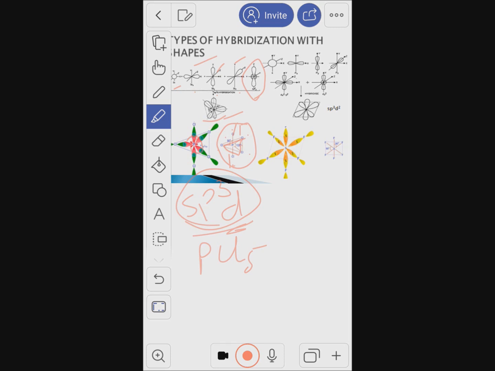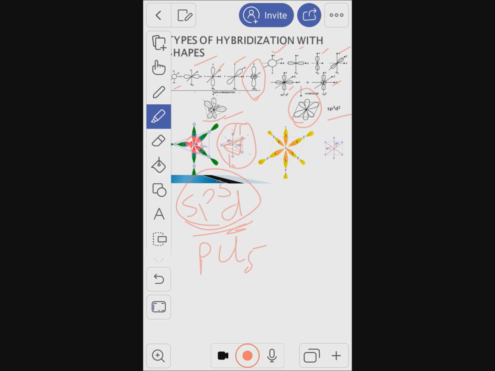And in case of sp3d2 hybridization, one s atomic orbital, 3 p atomic orbitals, and 2 d atomic orbitals are mixed together to form 6 new hybrid orbitals, forming the octahedral shape.